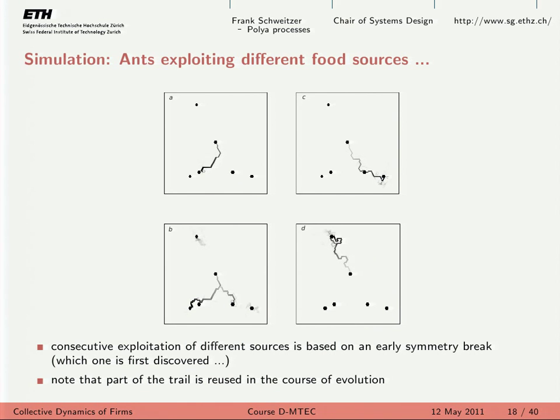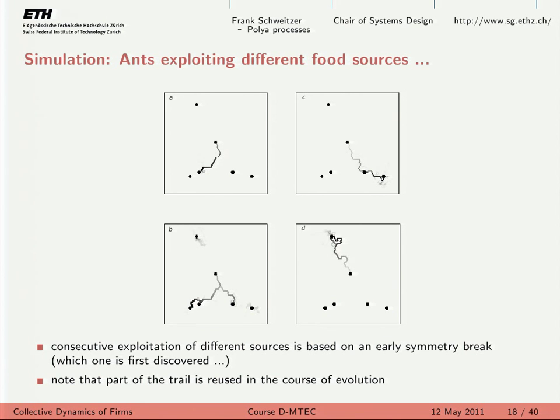And only after they found out that they have exploited everything here, then they change, as you see here, their business and go into the other area. As you can see here, that's C. And then they exploit this other area. And then at the very end, they are smart enough to leave the whole southern part of the system and then exploit this food source in the north.